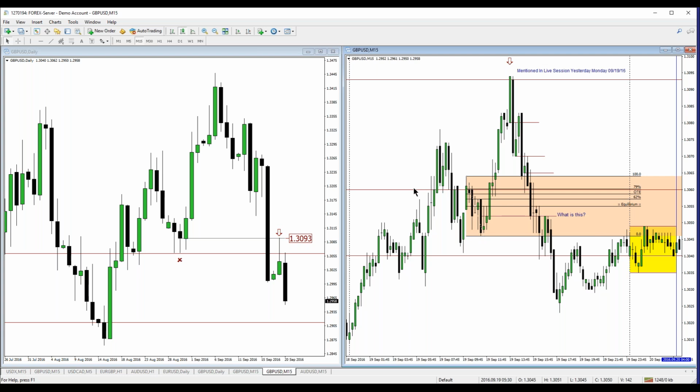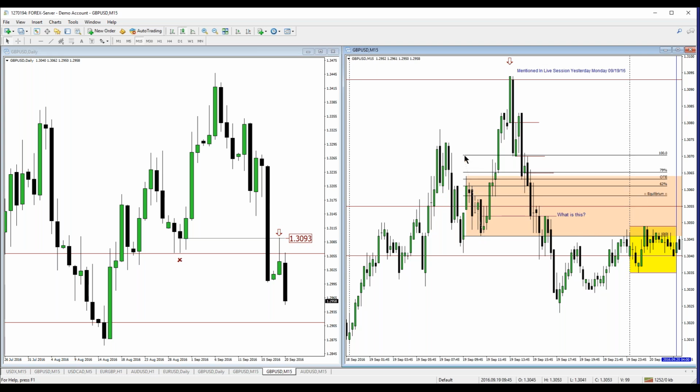So we can take this and drop it to there. Okay, so we have the middle of the range here. So this is the equilibrium, and we expect price to reach up into that. Okay, we want to see price reach up into it.